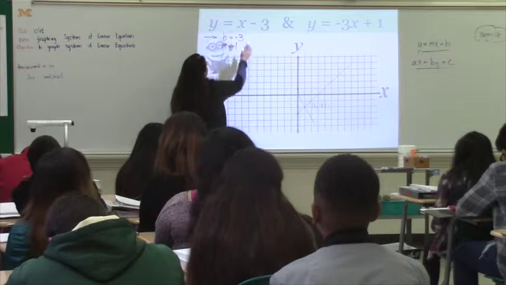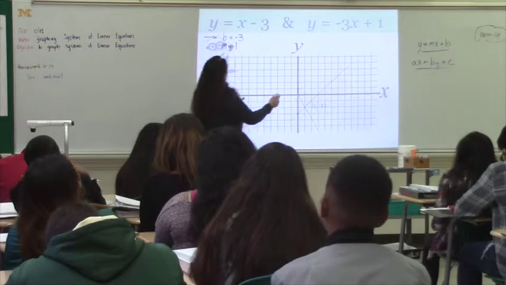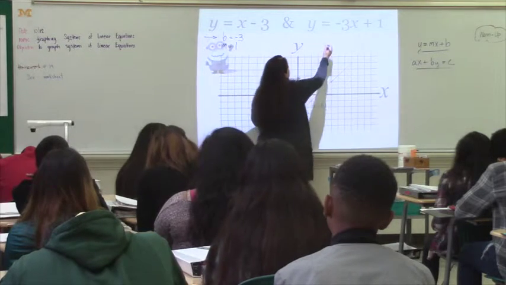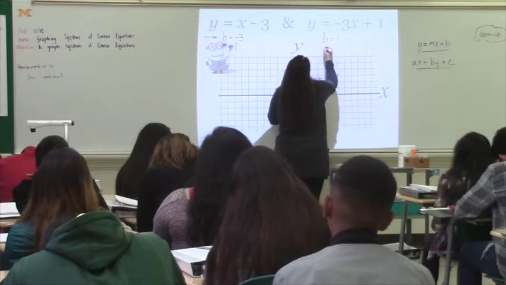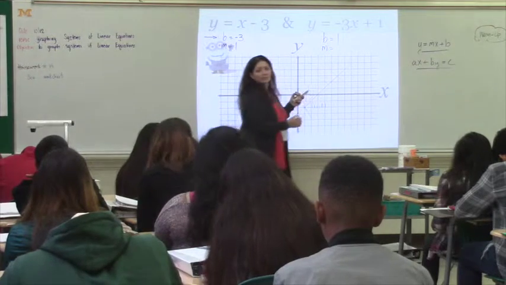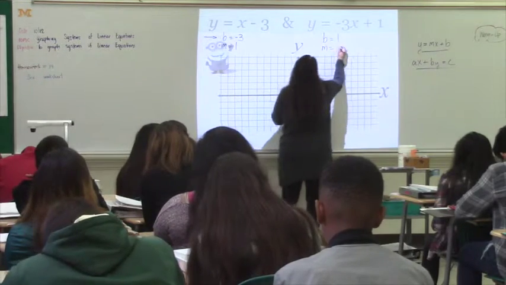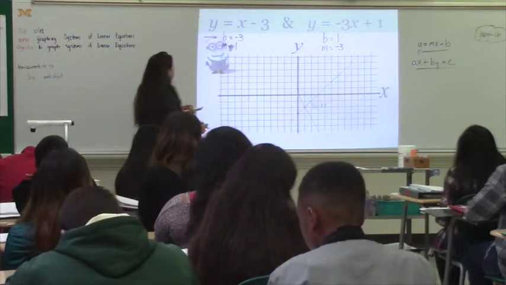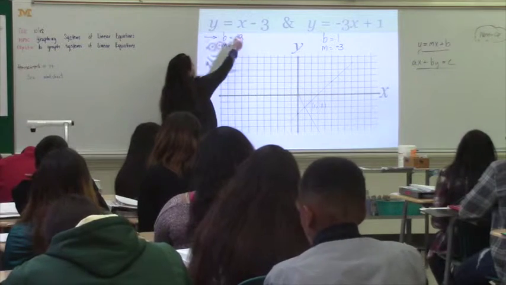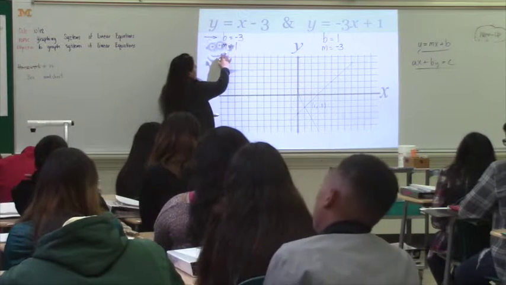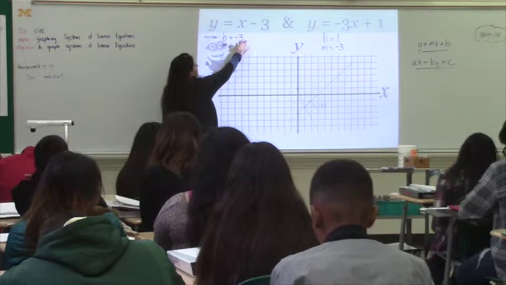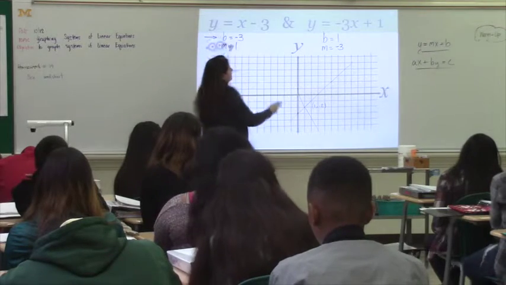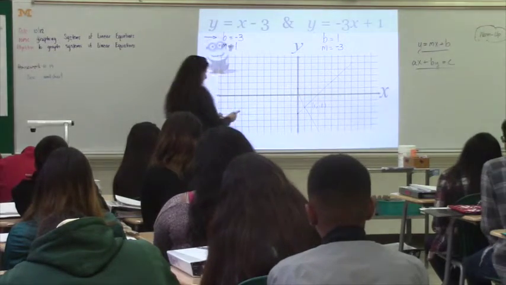If that was 0, that wouldn't be there, right? All right. What is the y-intercept for this equation? What's the slope? Negative 3, right? This is the first step that you do. And you guys can graph it after this, right? So you start at the y-intercept, and move this much. All right, let's see if she's right.